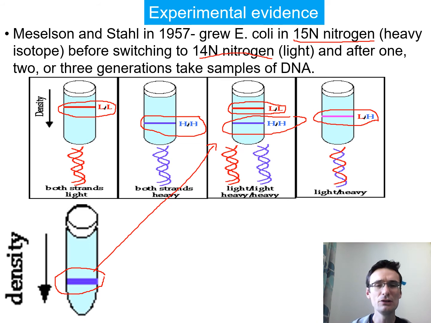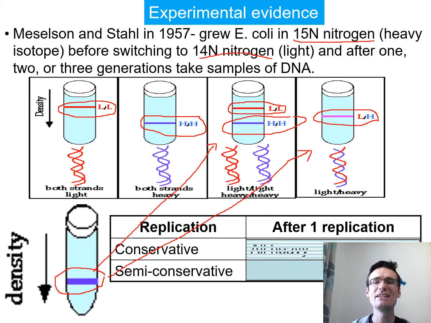If, however, the new light nitrogen nucleotides combine with the heavy nitrogen strands, as in semi-conservative replication, you would expect to see that band there, which is a light-heavy strand of DNA together.